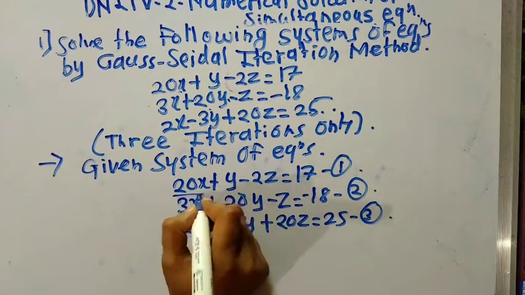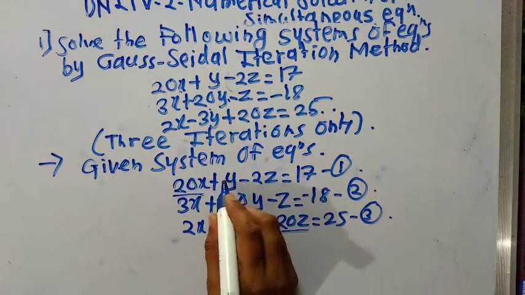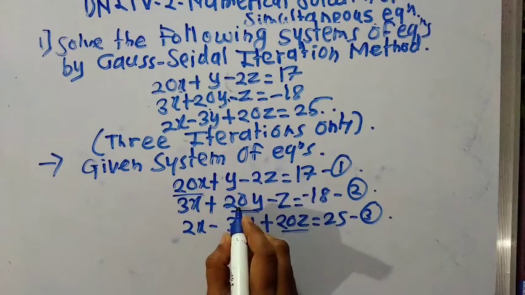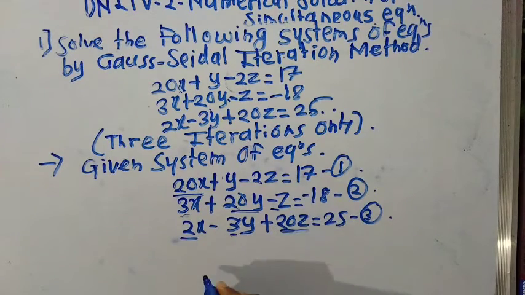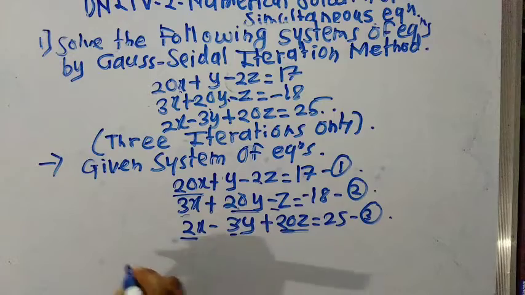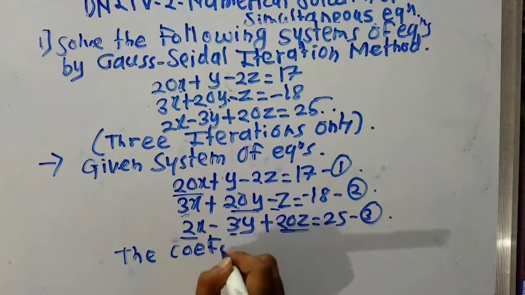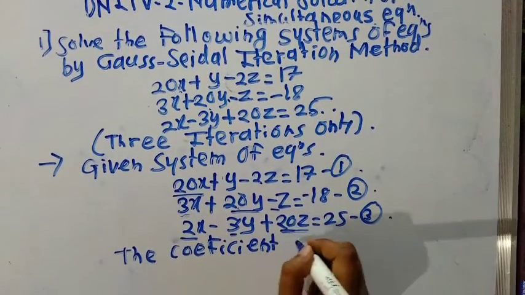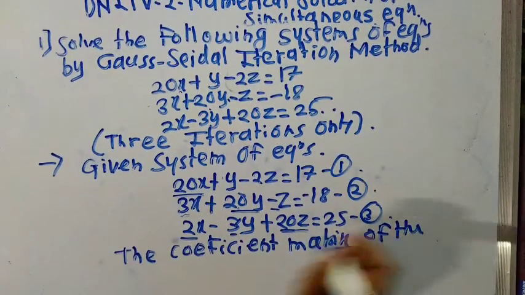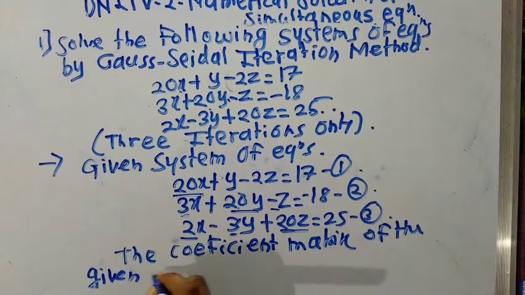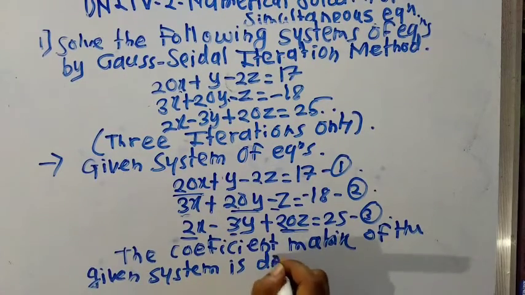Here the diagonal elements are 20x, 20y, 20z. So 20 is greater than 1 and 2, 20 is greater than 3 and 1, and 20 is greater than 2 and 3. So the coefficient matrix of the given system is diagonally dominant.